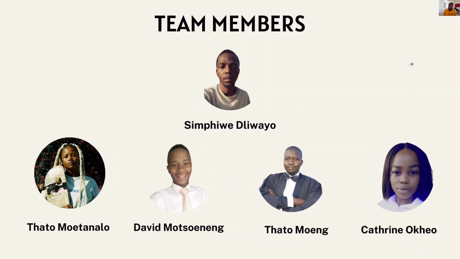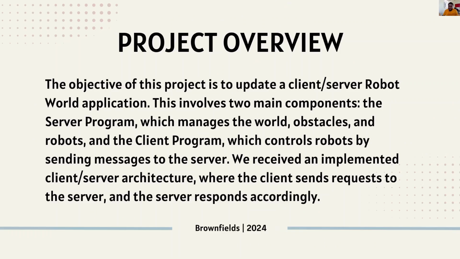First we have Simpiwe Liwayo, and then Tato Metanalo, David Mutsweneng, myself, and Catherine Okeyo. I'm going to take you through our project overview. The objective of this project is to update a client or server robot world application.